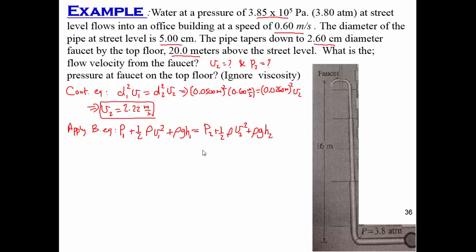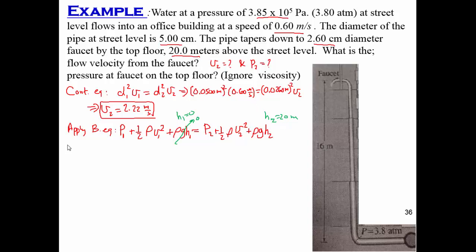Now notice here that at the street, the height is 0, so this part of the equation is 0. And in this part, H2 is 20 meters, as given in the problem. The elevation of the pipe is 20 meters.